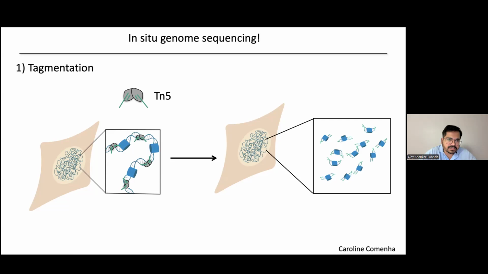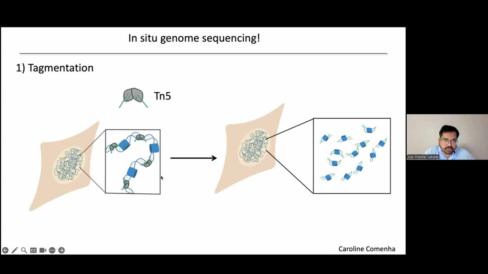Tagments means it cuts the DNA and inserts these known adapters. Now, what we can do is we can put a known DNA sequence that we want to insert into the genome. So we take two different DNA sequences, AD1 and AD2, so that we know the sequence of these two barcodes, and these barcodes are then inserted into the genome by Tn5.